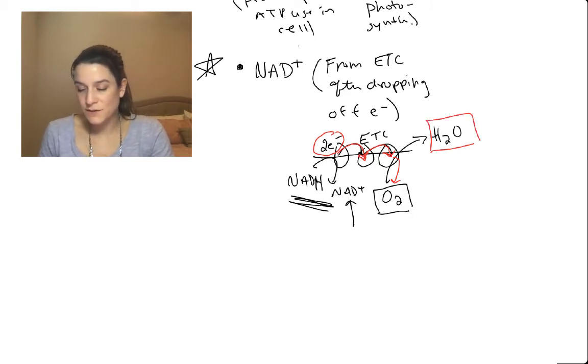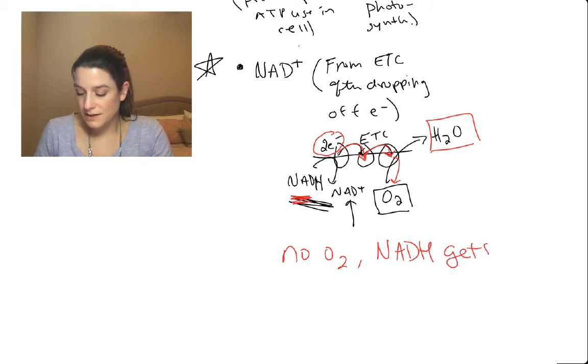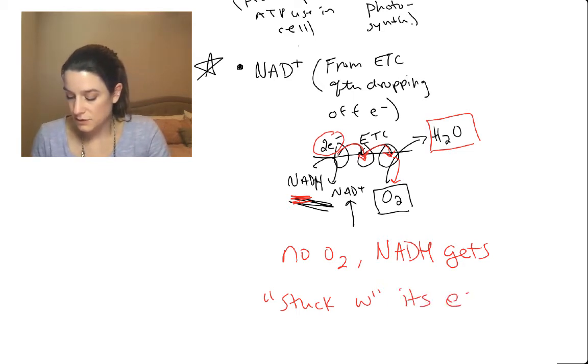Then you can't transfer the electrons and it all gets backed up. Then the NADH can't transfer electrons and you get stuck as NADH. So with no oxygen, NADH gets, think of it as stuck with its electrons.